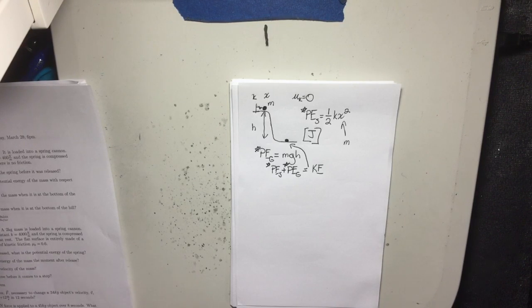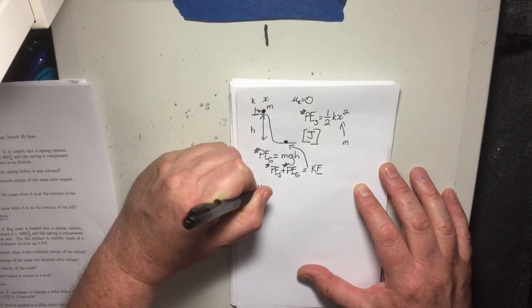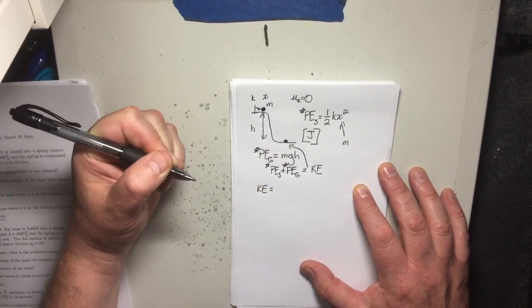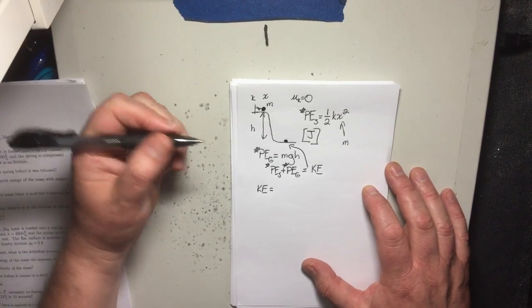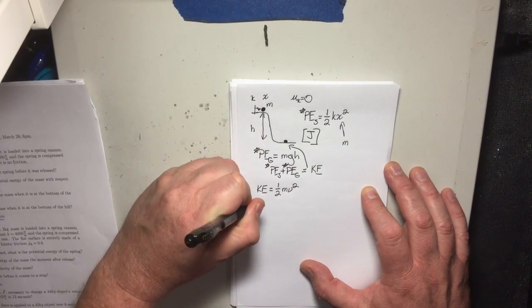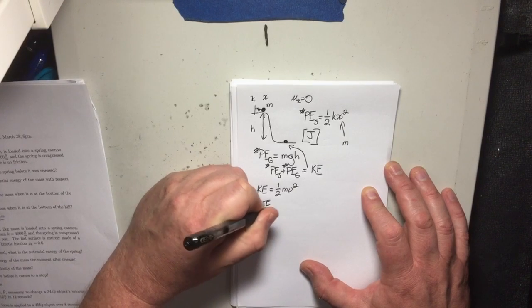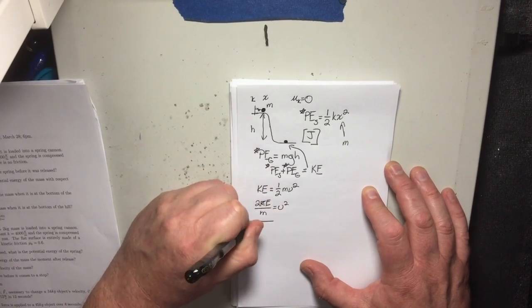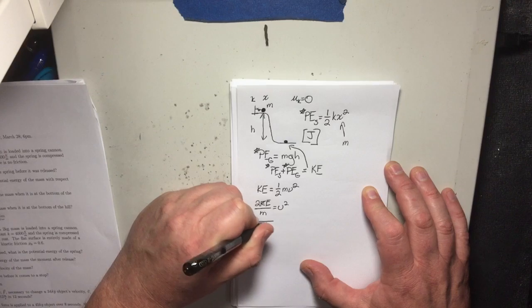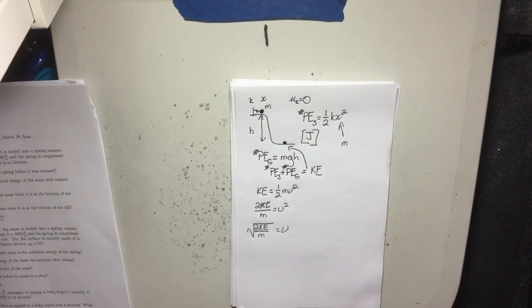What is the velocity of the mass when it's at the bottom of the hill? Well, that kinetic energy, there is no potential energy, 100% has been converted, so it equals 1/2 mv squared. So 2ke over m is equal to v squared, or the square root of 2ke over m is equal to v. And that's the velocity of the mass.